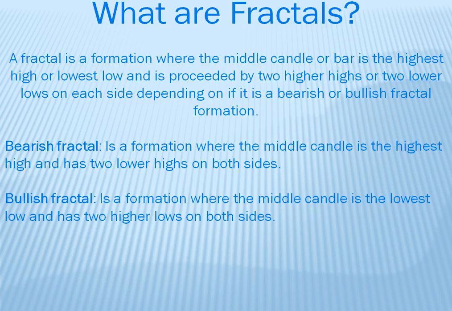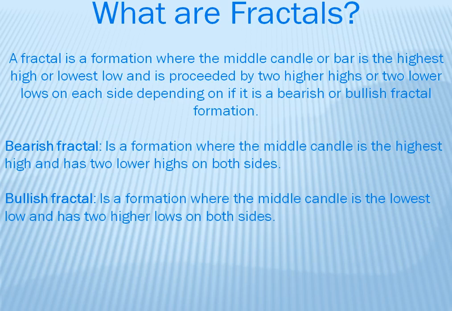So I'm probably confusing you with that, but if you put your hands together and look at your palm, then that middle candle would be your middle finger, and the two candles next to it would be the candles on each side of it. The candles on the left would be the two fingers on your left side, and the candles on your right would be the two on your right. And that would be the formation where your middle finger is.